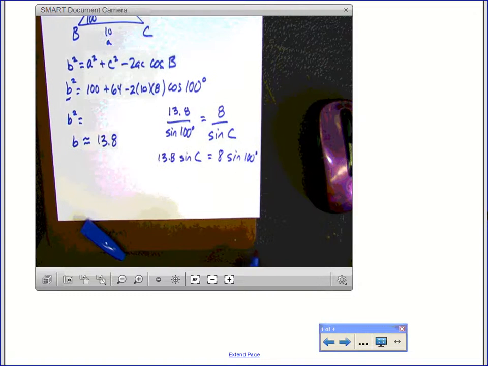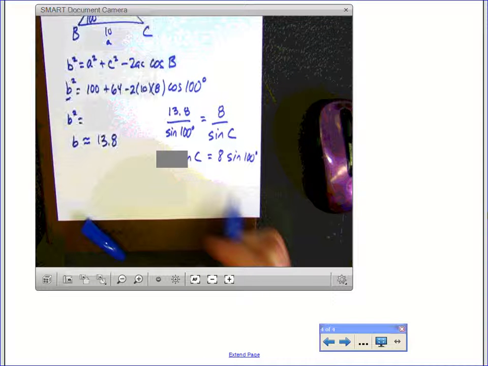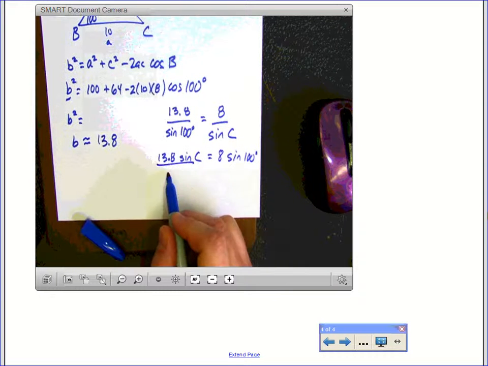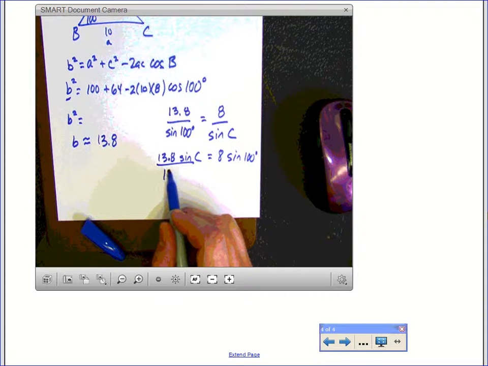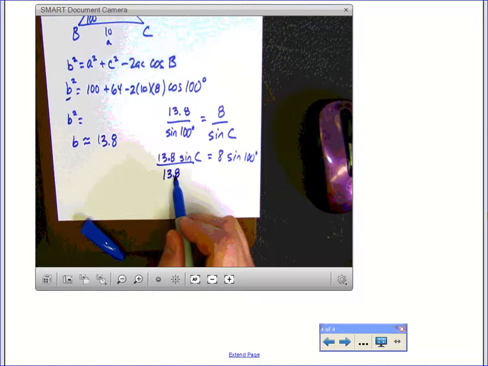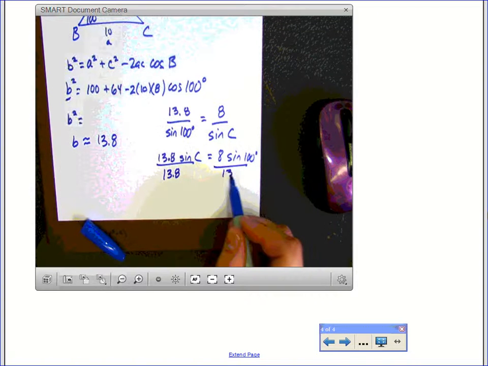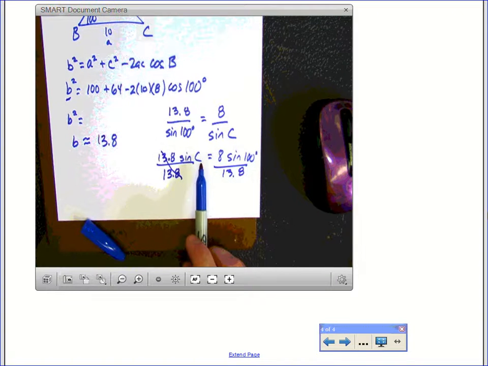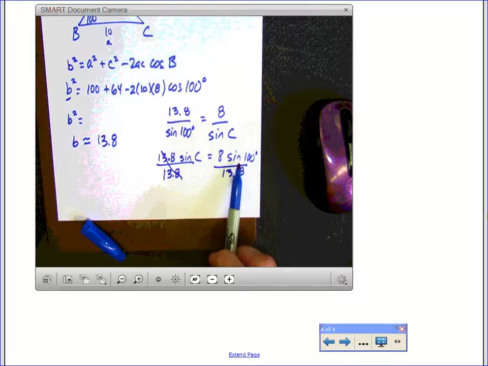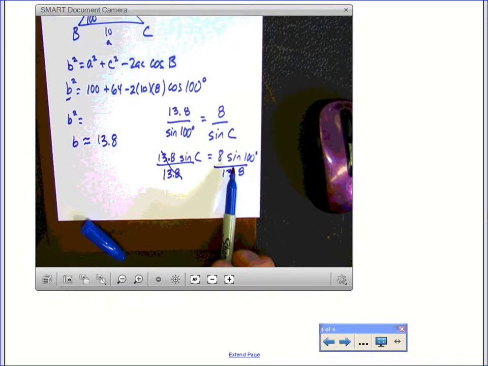Now what do I have to do to solve for it? Just divide by 13.8, so that'll go away. Now, that's not going to give me what C is. That's going to be the sine of C. So once I calculate this, what am I going to do to this number? The inverse sine.